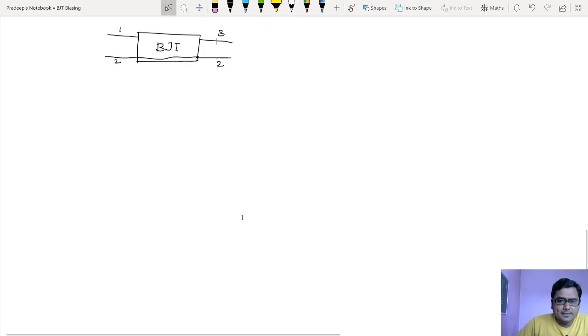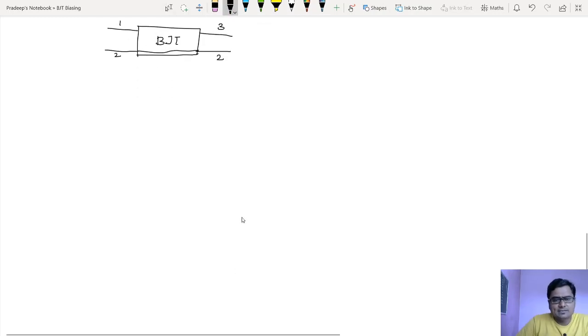Now if it is BJT, then here somewhere we have input. Every 2-port network has input at the left-hand side and output at the right-hand side. Now if it is an input side, it must have input impedance, that is Zin.